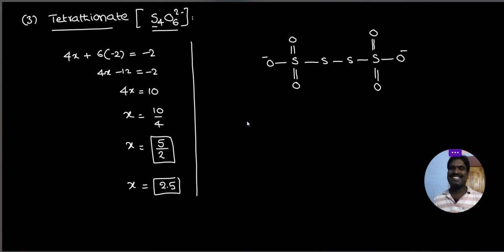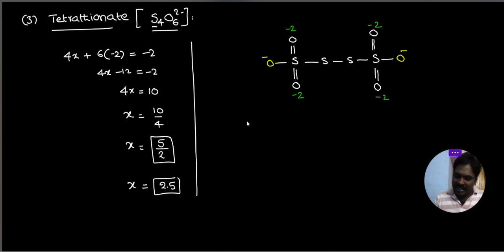This is the structure. Okay. So now, this is minus 1, charge is the oxidation state. Minus 1, minus 1. Now we can start from the more electronegative terminal atoms: minus 2, minus 2, minus 2, minus 2.